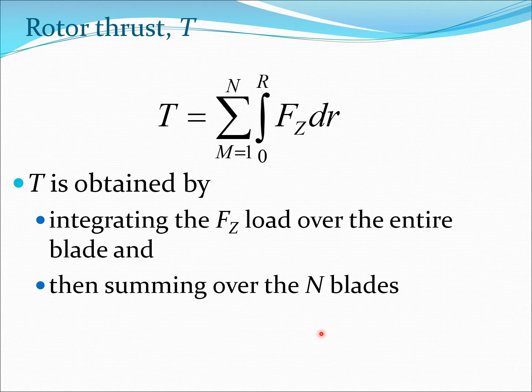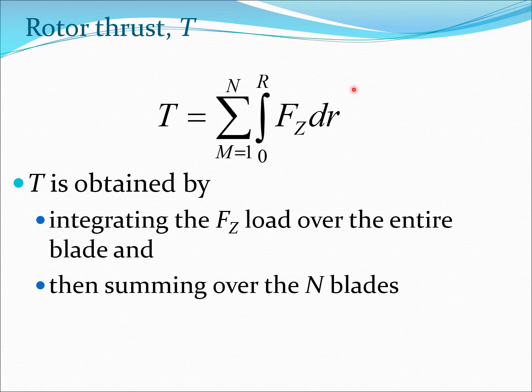So let's start with the rotor thrust. The rotor thrust T can be given by this expression here. To understand these expressions we look at the two main parts. One is you are taking the Fz, which is a sectional force which acts vertically. You're multiplying it by the length dr of this section and then integrating from 0 to R, where R is the radius of the blade.